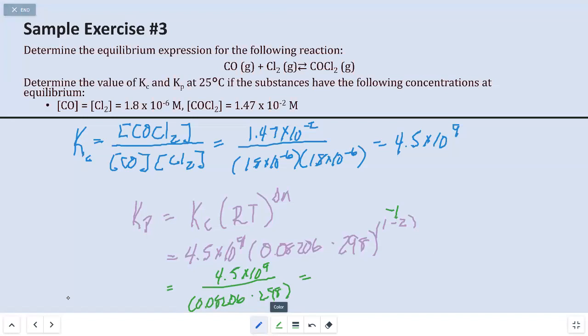Our Kp value is 1.9 times 10 to the 8th.